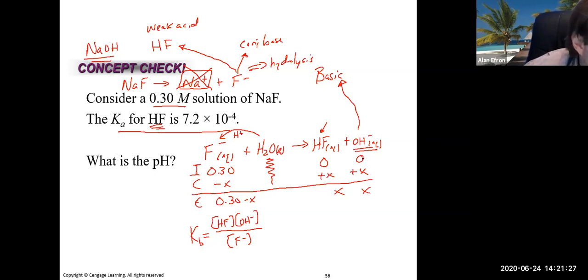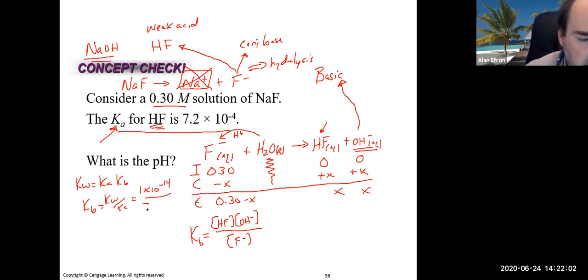So as I said a couple of times at this point, just like normal, they give you the sort of wrong K value, if you will. We have the Ka value, but we actually need the Kb value here. So we are going to use the relationship that we saw earlier at the beginning. That is Kw equals Ka times Kb, which means Kb would equal Kw divided by Ka, which is 1 times 10 to the minus 14 divided by 7.2 times 10 to the minus 4.